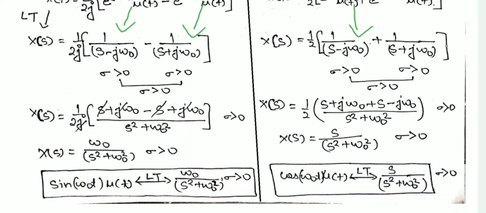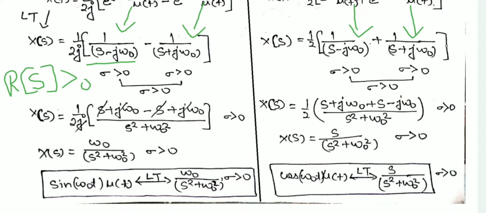Same case here. Similarly, both signals are right-sided, and there is no real part, and we know that the ROC is nothing but the real part of s greater than 0. In this signal, j omega t is an imaginary term, therefore no real term is present.